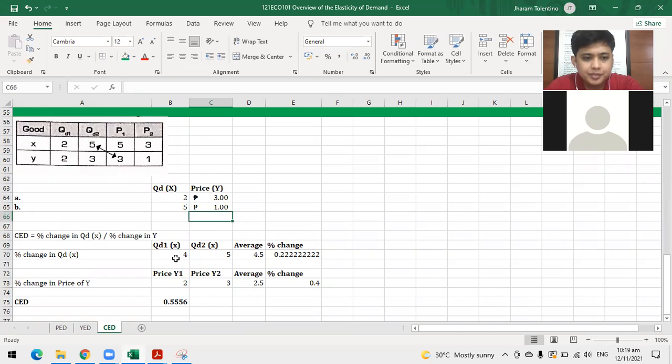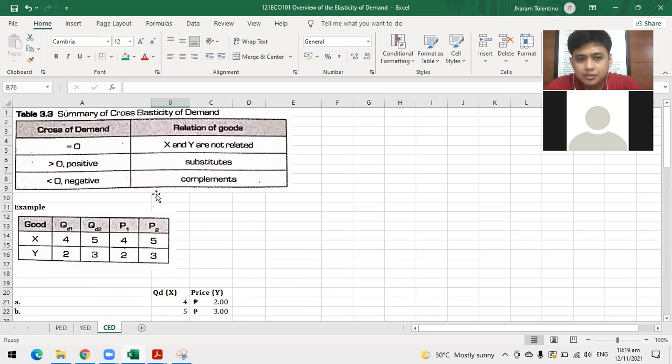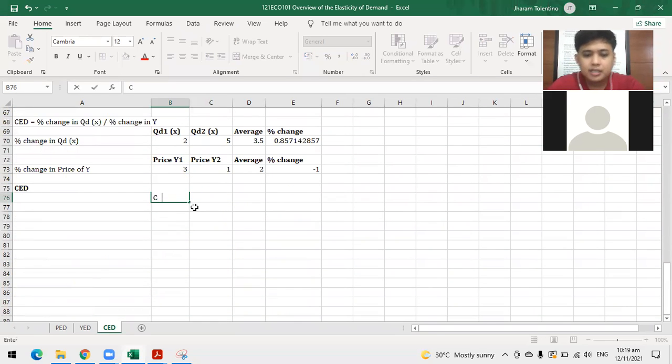Mas mura. So check na natin. Quantity demanded 2, 5 for the price of 3 naging piso. So in this case, it's negative 0.57. So it's less than 0 and negative, they are considered as complementary items.